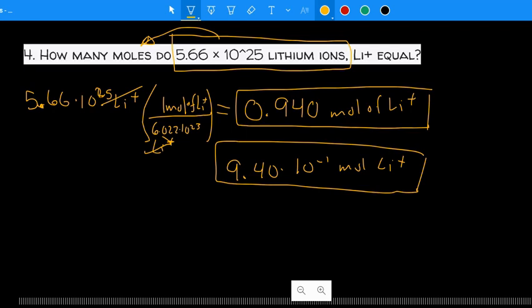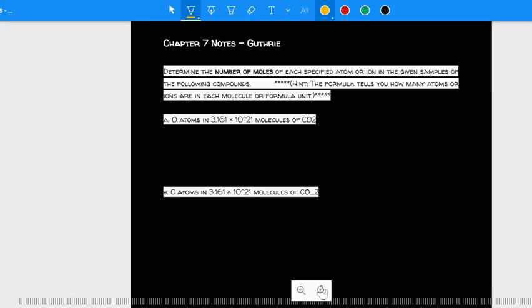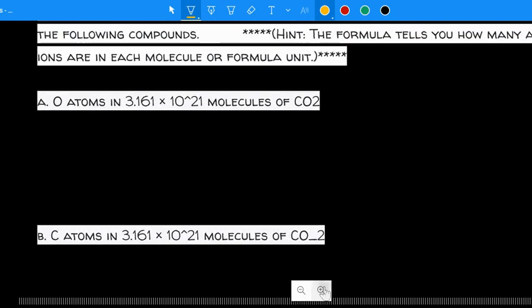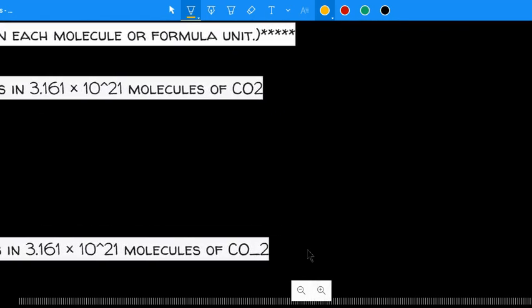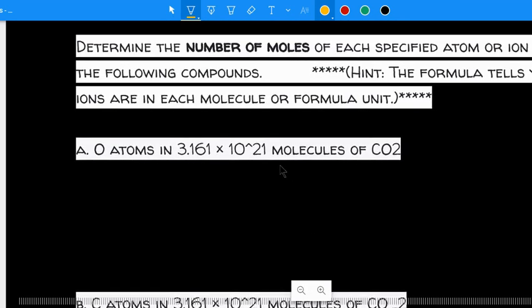All right, now we get down to the more challenging one, mostly just because there's 2 reasons. The instructions were kind of confusing, and then secondly, you had to do more than one step in some of them.